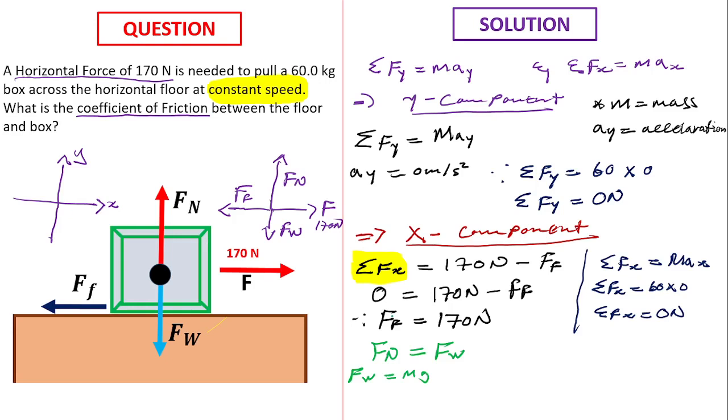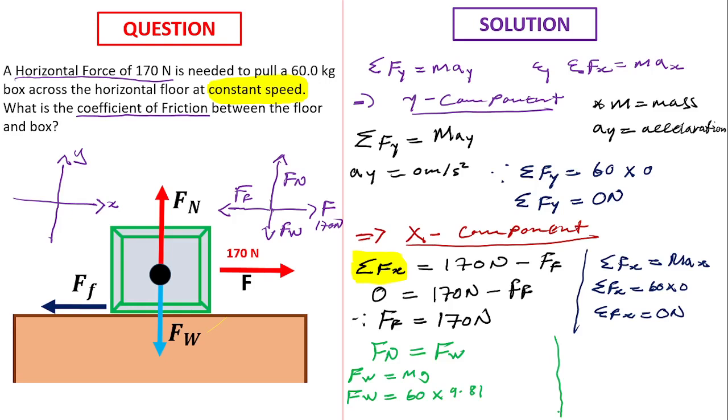Taking the acceleration due to gravity to be 9.81, you can now say 60 kg times 9.81.